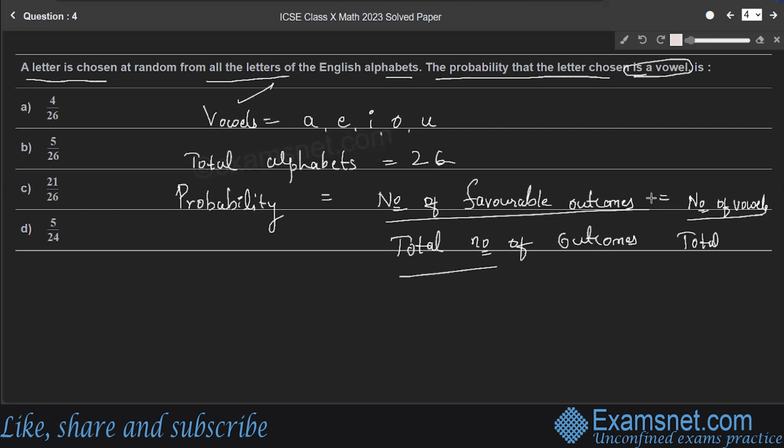So 5 vowels divided by 26 total alphabets. Therefore, the probability that the letter chosen is a vowel is 5 by 26. Out of 26, there are 5 vowels we can choose. Therefore, 5 by 26, option B is the right answer.